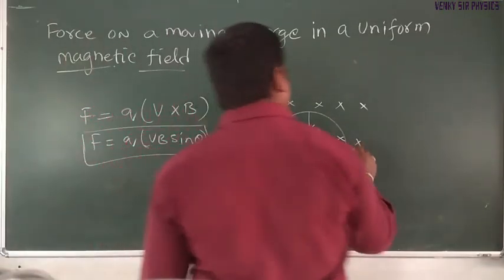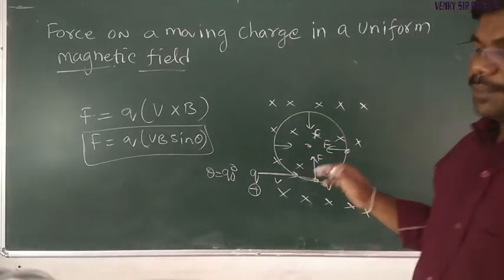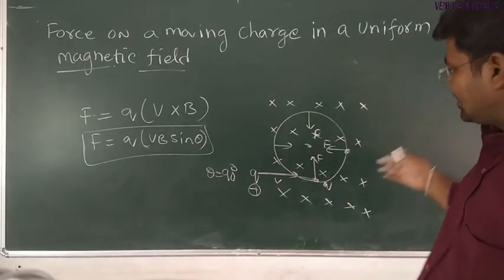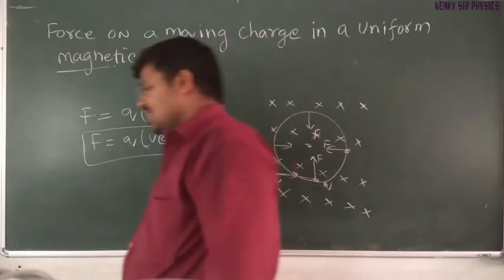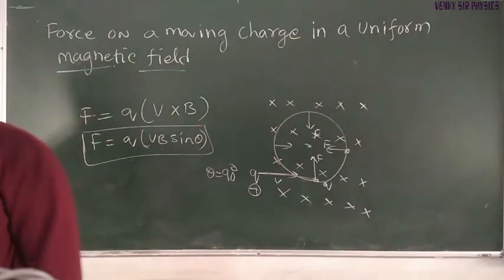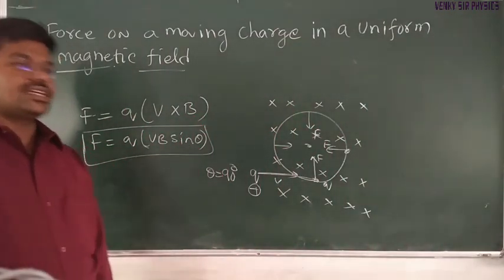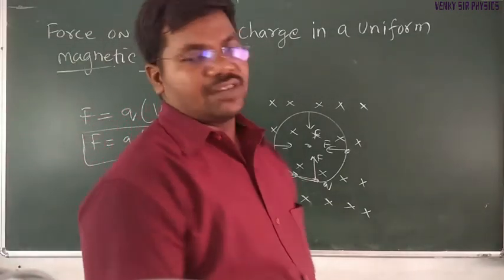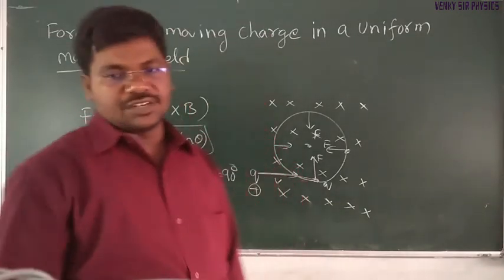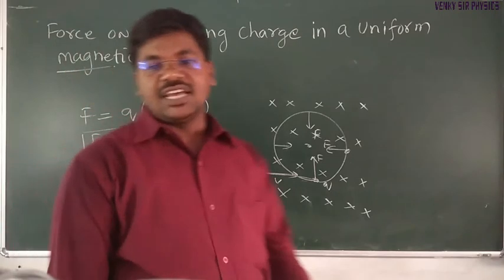At any point, the charged particle's velocity is perpendicular to the magnetic field, so the particle experiences some force, and we can understand this as circular motion.